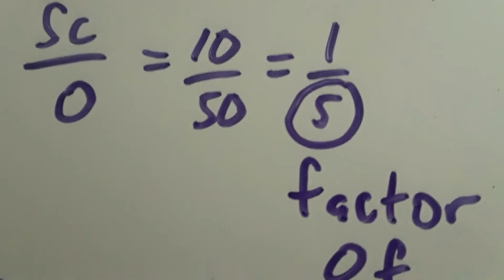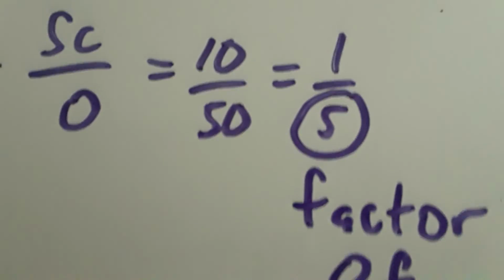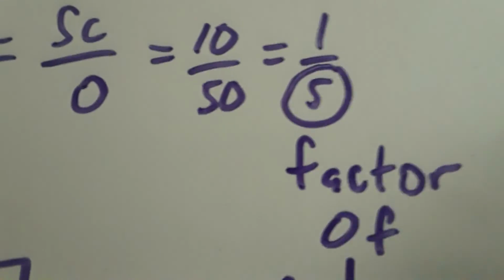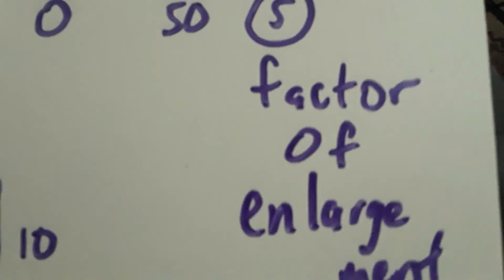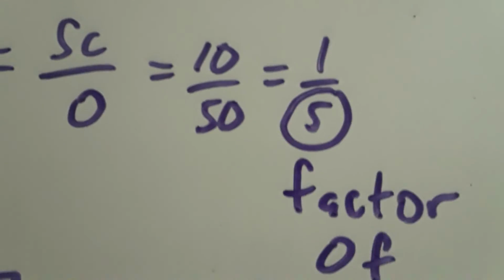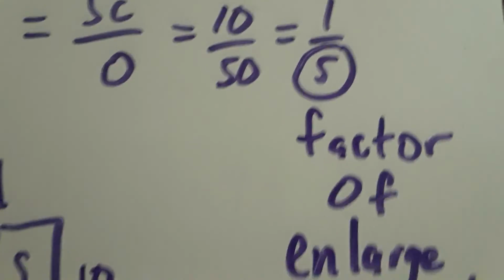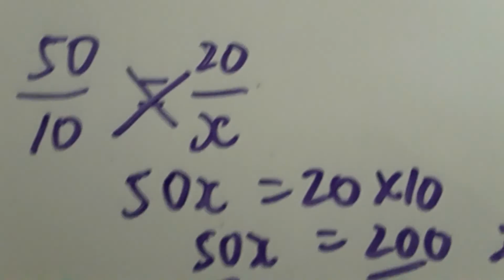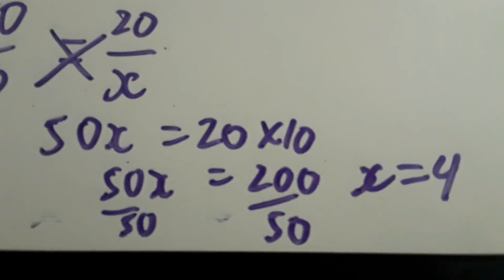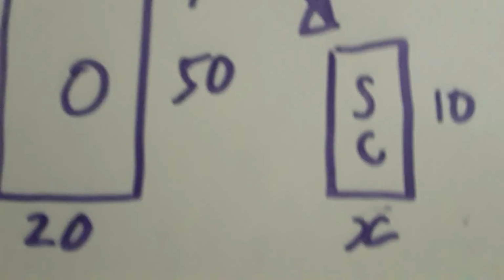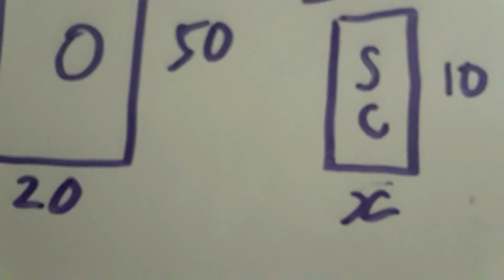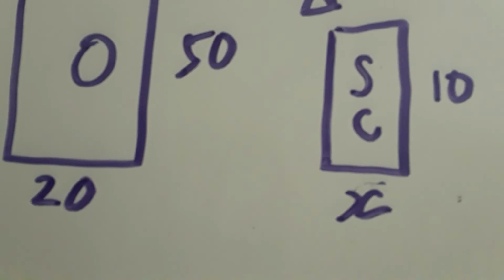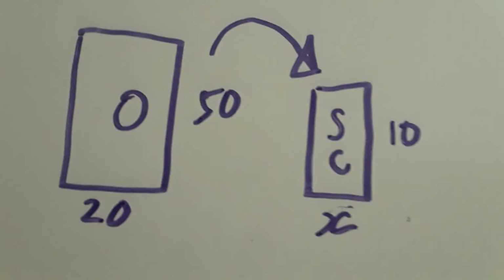And if you want to find a missing side, you can multiply by the scale factor, in this case 1/5, or you could divide by the factor of enlargement, which is the denominator of the scale factor. Or there's the two ways that we showed you to set up a proportion. One way you're comparing 50 to 20 and then 10 to x, or you can compare 50 to 10 and then 20 to x. So there's basically 4 different ways of doing the same thing.